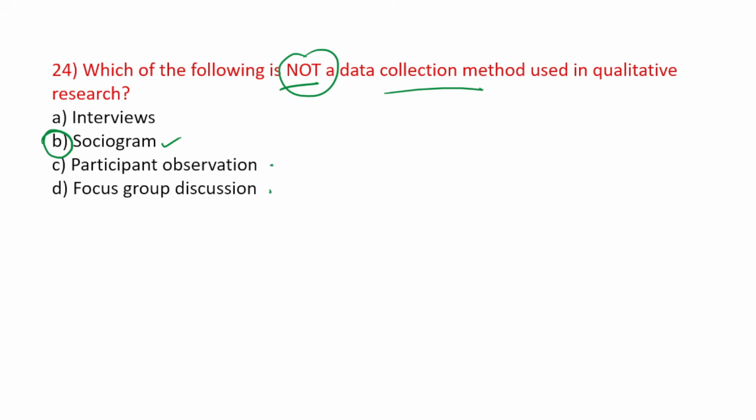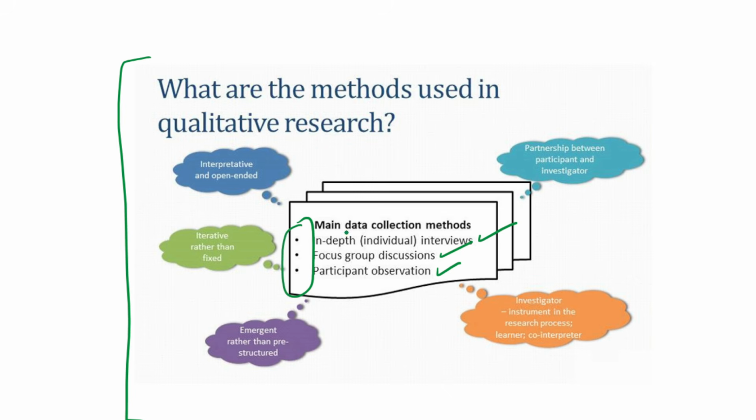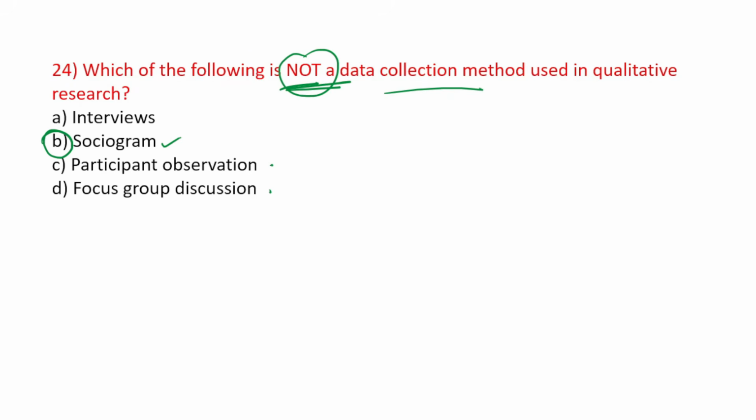They have not mentioned the sociogram. So therefore, the sociogram is not a data collection method used in qualitative research. Only the in-depth interviews, also called individual interviews, focus group discussions, and participant observation are mentioned. So please once again remember this chart, this question, and the answer for this question also.